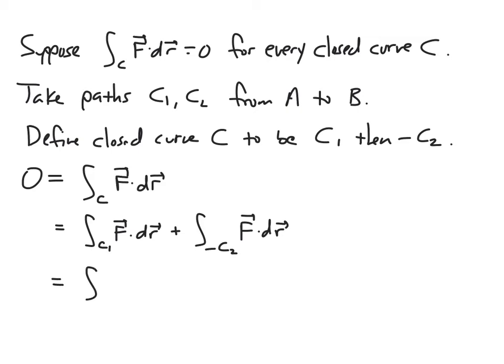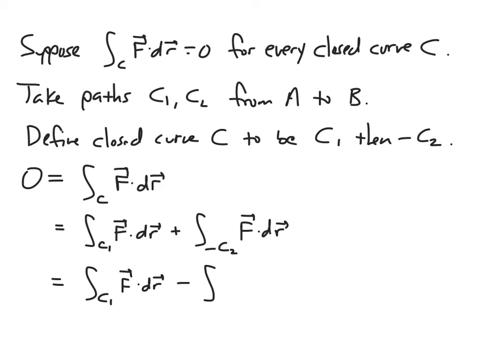We can rewrite the second integral in this sum. Instead of as a positive, we can make it a negative, but then we have to switch the orientation on the curve.